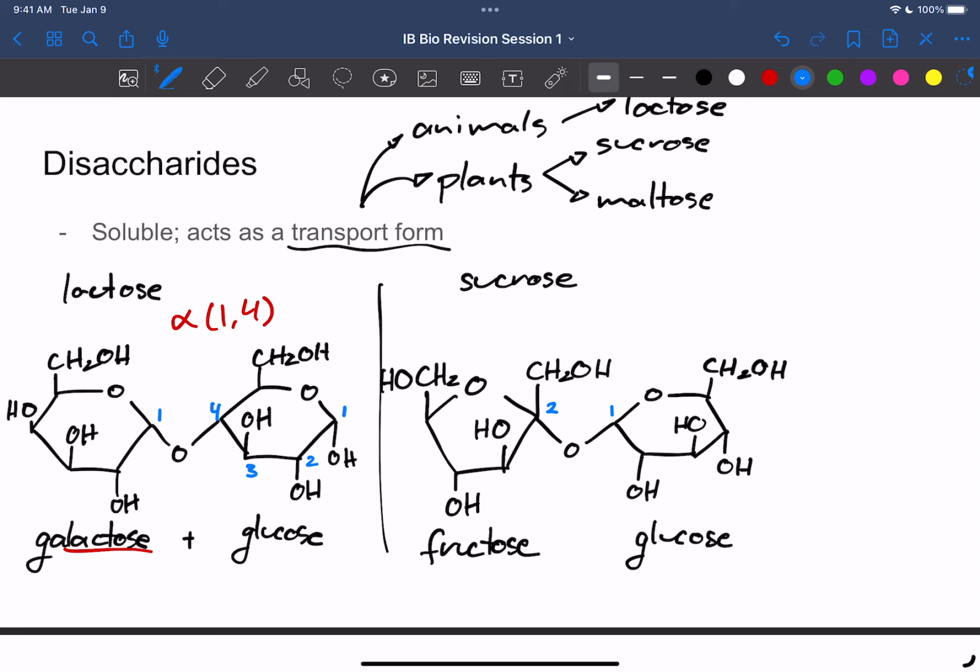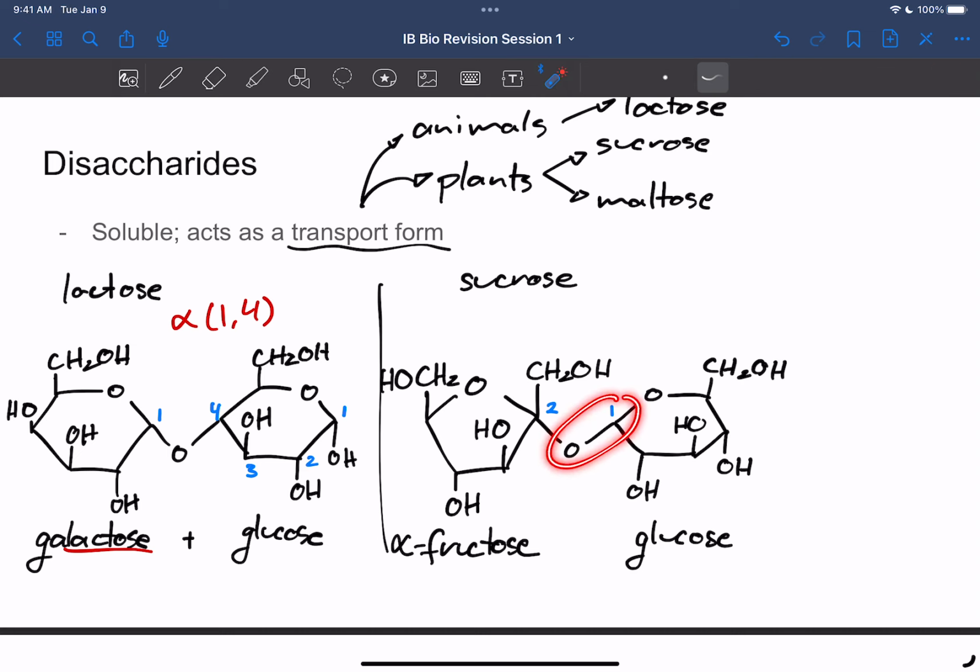So this OH is on the opposite side of the carbon 1. This time it's carbon 2, and the reason why is because it's just the first carbon in the ring. So the first carbon in the ring, the OH is opposite to this one, making it alpha. So alpha fructose combined with, well, this is glucose flipped, and this is C1.